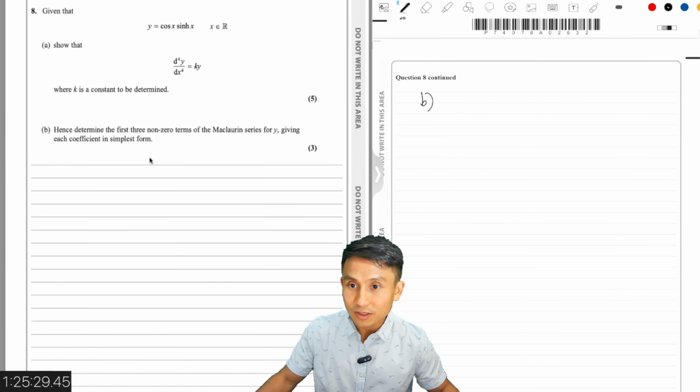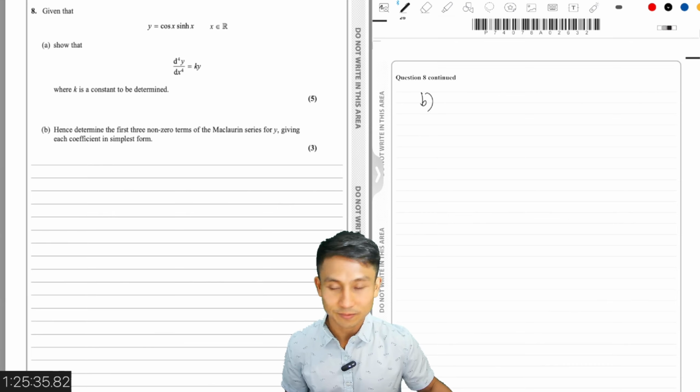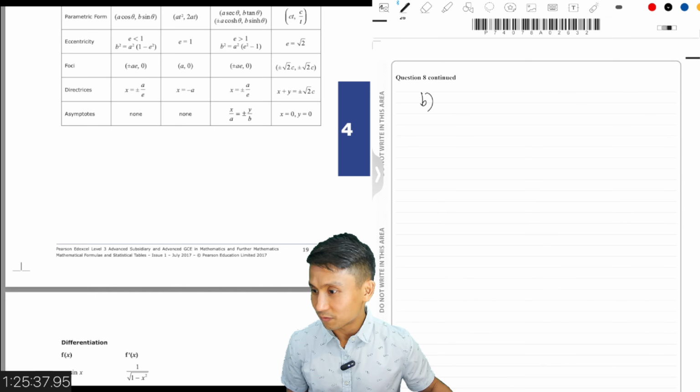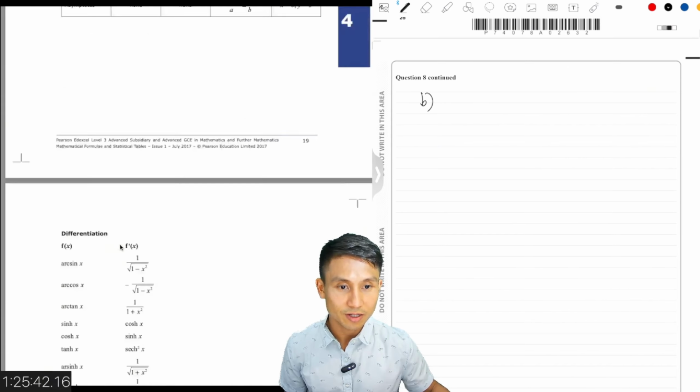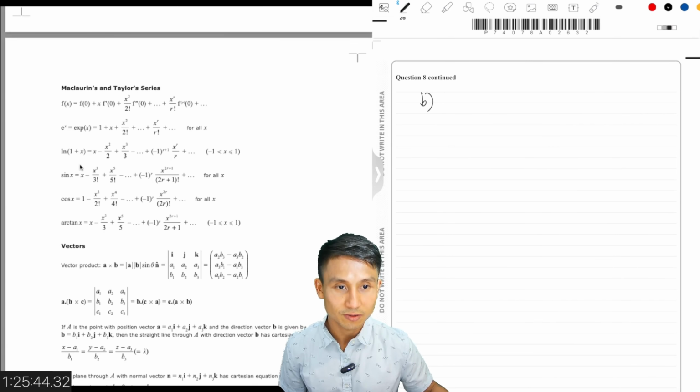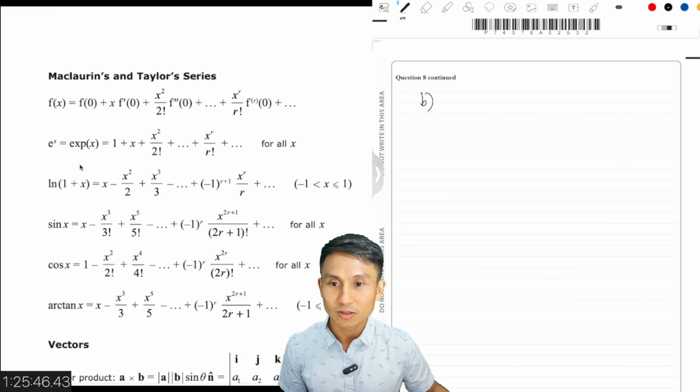Hence, determine the first 3 non-zero terms of the Maclaurin series for y. Okay, Maclaurin series, right? I can show you the formula sheet here. Maclaurin. Yeah, there we go. So, non-zero terms.